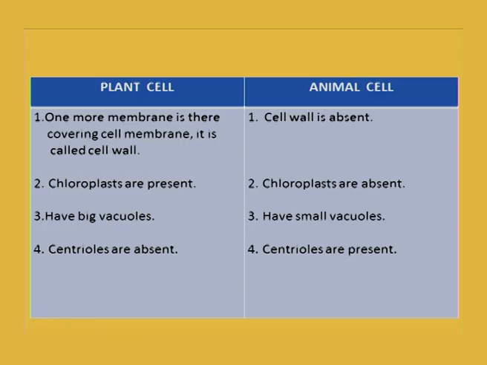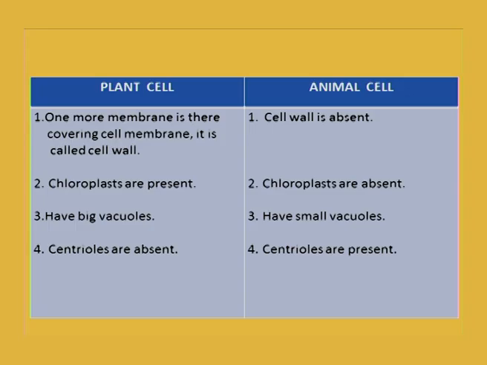In the animal cell, the cell wall is absent. In the plant cell, chloroplasts are present. In the animal cell, chloroplasts are absent. In the plant cell, they have big vacuoles. Animal cells have small vacuoles. In the plant cell, centrioles are absent. In the animal cell, centrioles are present.